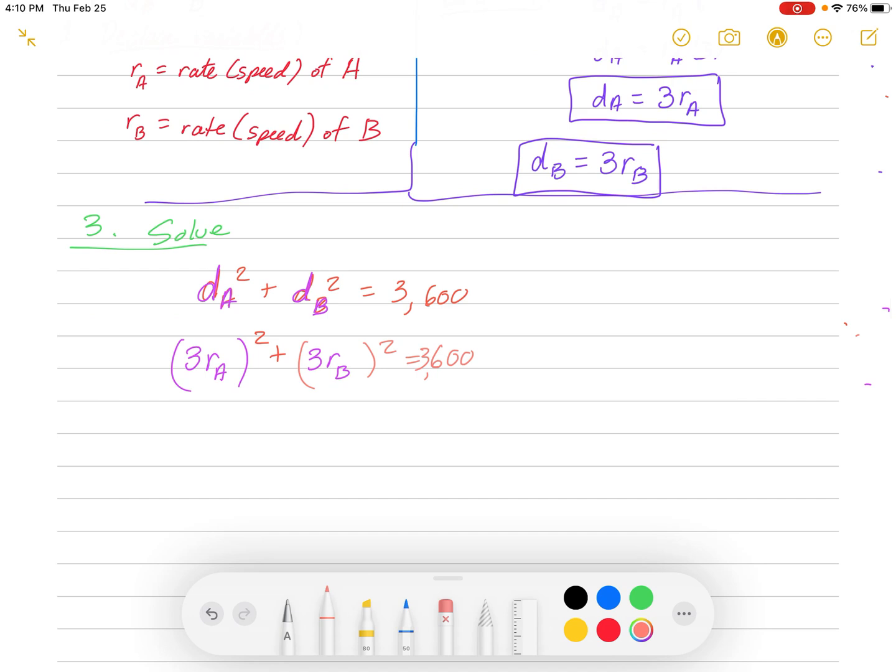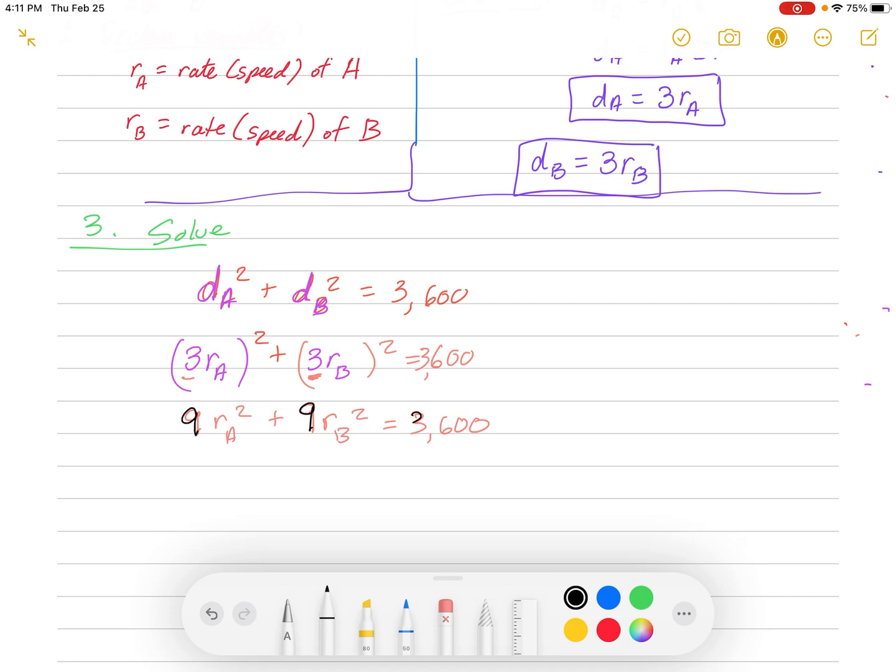If we clean that up a little bit, if you square, first of all, the 3, 3 squared is 9. So you're going to get 9RA squared plus, again, 3 squared is 9RB squared equals 3,600. Now, this equation has 2 variables. Eventually we want to make it so it has only 1 variable. But before that, I want to simplify this. The numbers are getting awfully big.